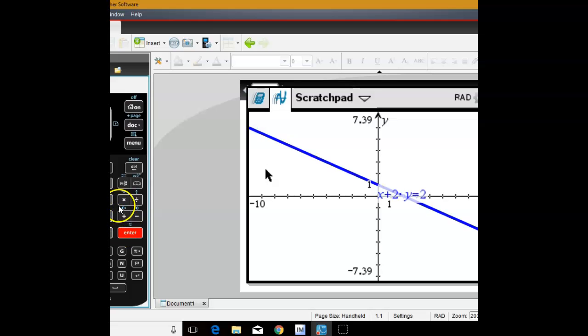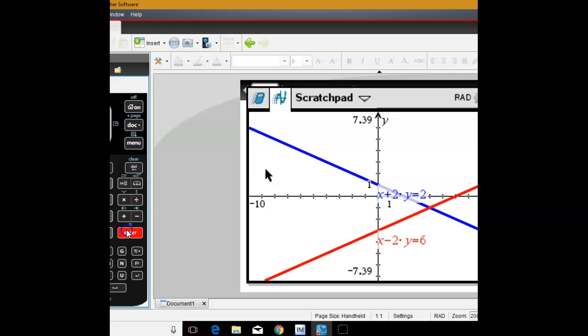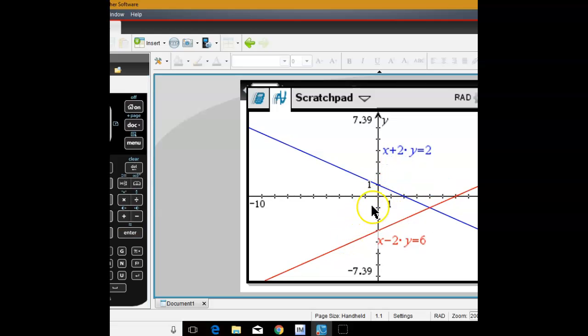And our second one is x minus 2y is equal to 6. X minus 2y equals 6. Okay, so the point where these two graphs intersect is at, let me move that, 1, 2, 3, 4, and negative 1. So that's their point of intersection.